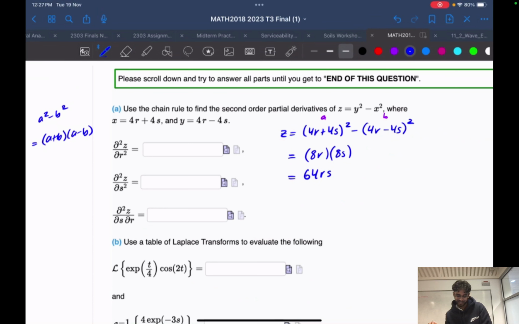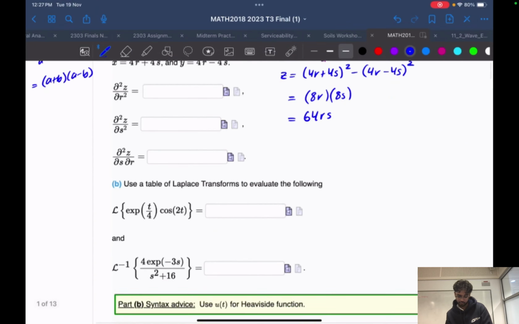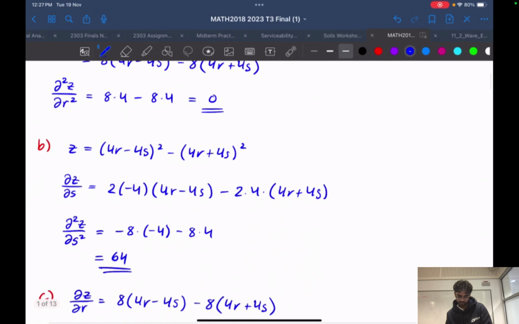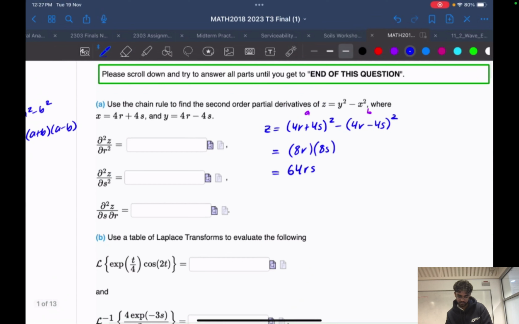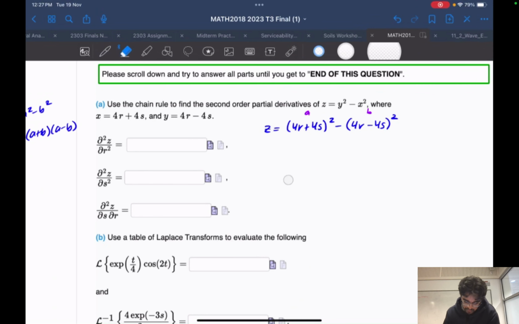Yeah, that seems very wrong actually. Okay. Yeah, no. A minus b, 4r minus 4r, 4s plus 4s, so I'm going to do it the proper way.